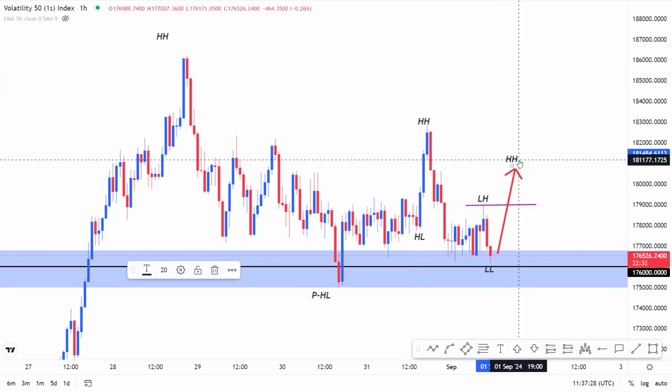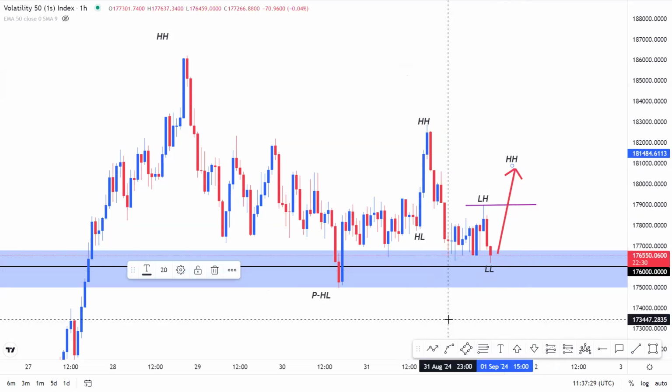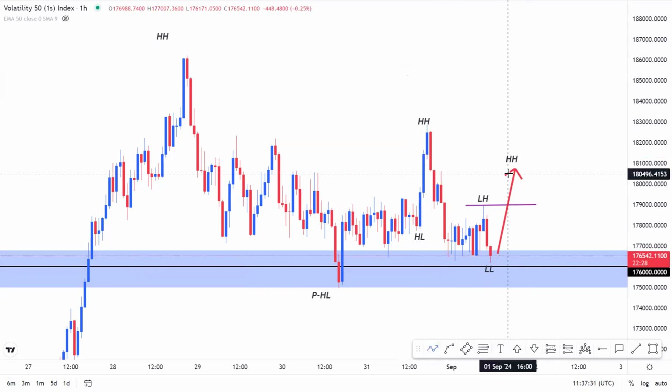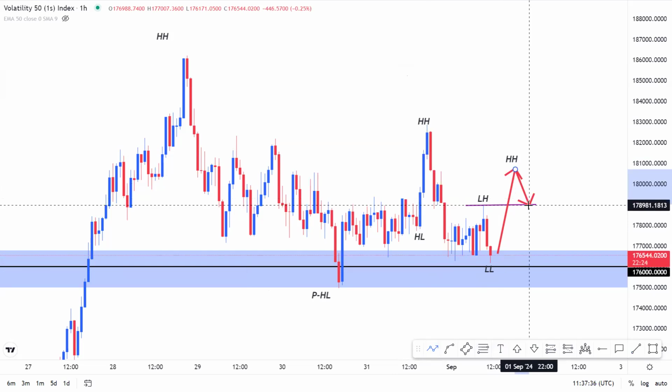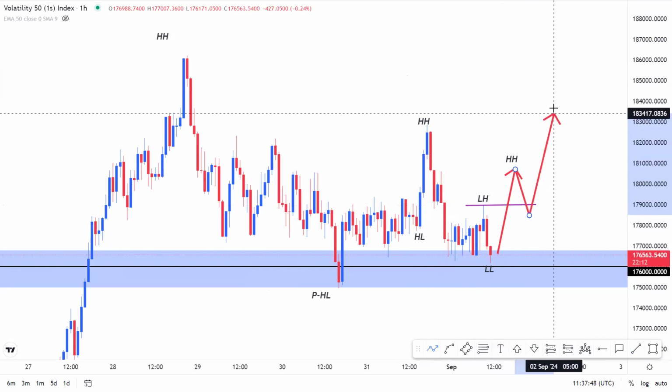Once I have a higher high, like I said, I only want to buy from a potential higher low. I then would wait for price to give me a pullback or retracement, coming into an identified area of interest, most likely where I would get the potential higher low to get in on buys.